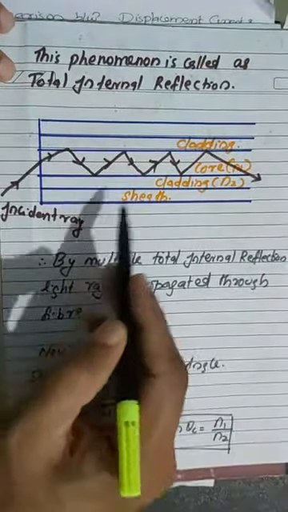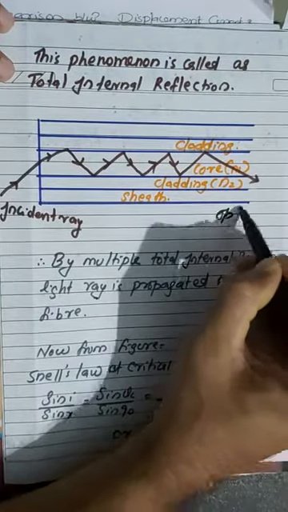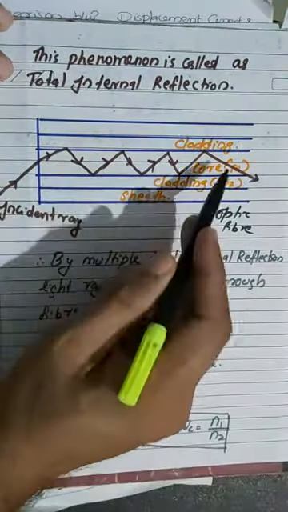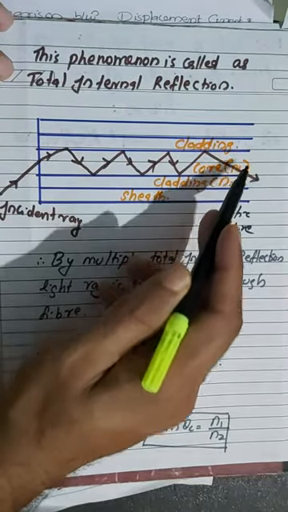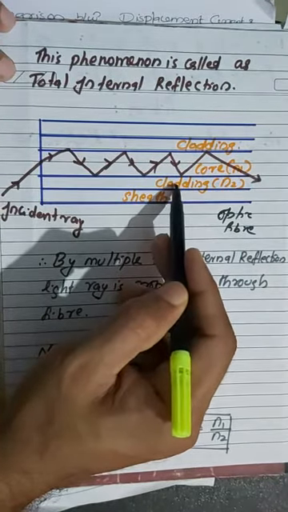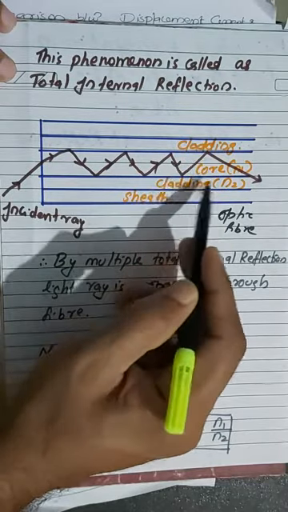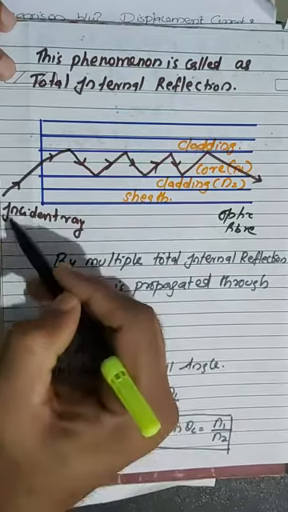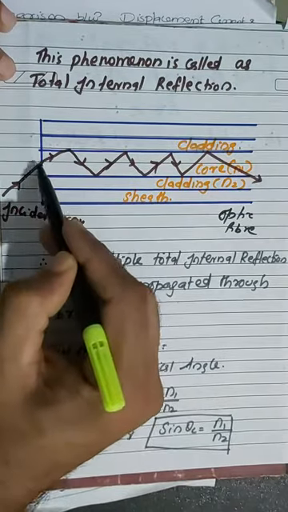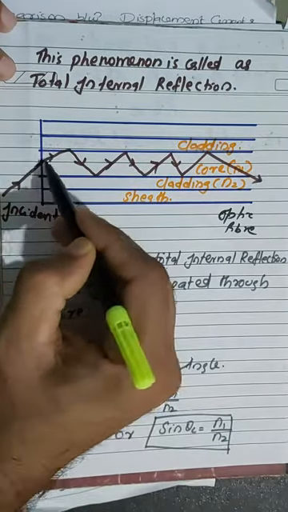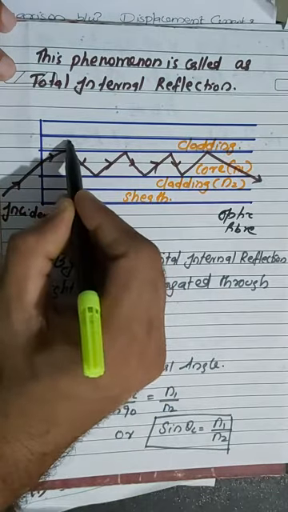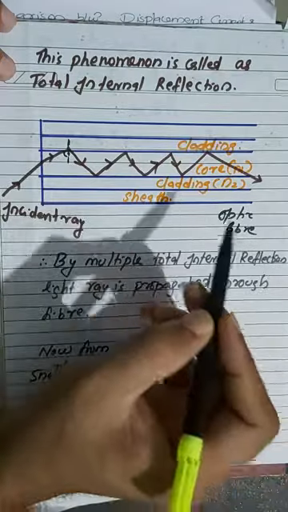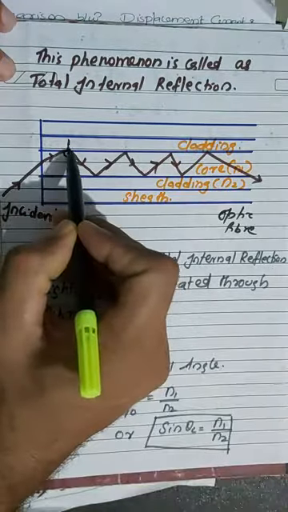So in this figure we have an optic fiber. The central region is the core, its refractive index is n1. The layer over the core is called the cladding, its refractive index is n2. The outer layer is the sheath. A light ray is incident at one end of the fiber and refracted into the core. If the angle of incidence at this point is greater than theta c, it will undergo total internal reflection.